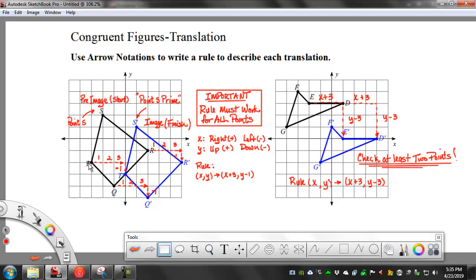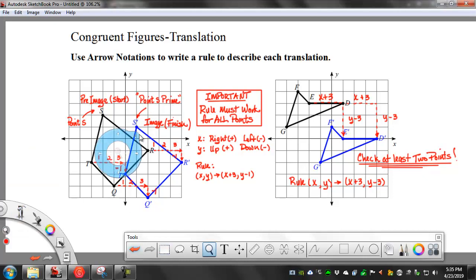There's a point S, a point T, a point Q, and a point R. So this is where we begin, and it's called the preimage. Where we end up is called the image. So that's the finish. And where this is called point S, this is called point S prime.